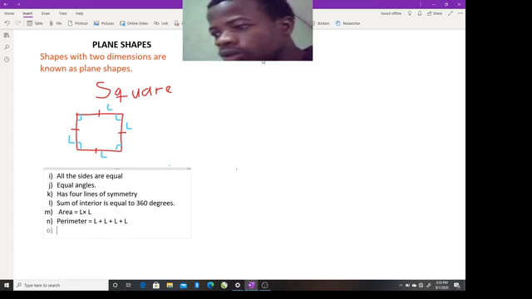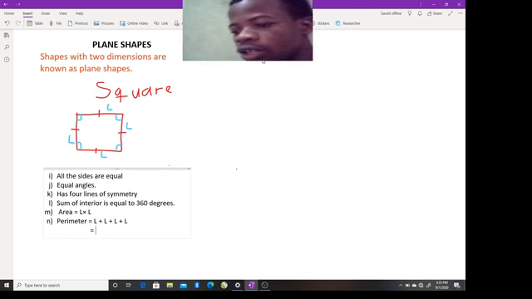That is equal to what? How many L do we have there? That is equal to 4L.